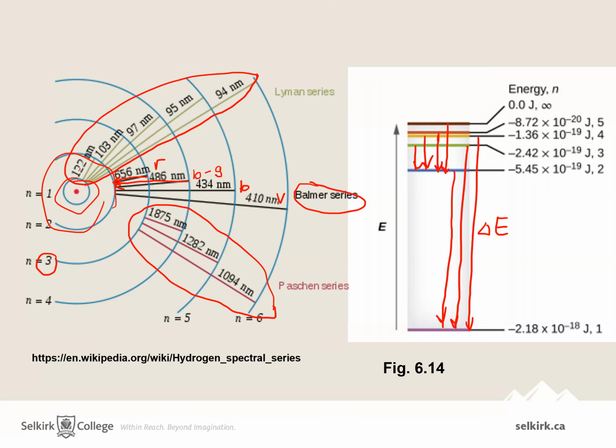But don't worry, just like every other evolution of the model, we keep some features and just refine it to explain new data. So when I come back in the next video, I promise you, I will tell you the most current model of the atom.